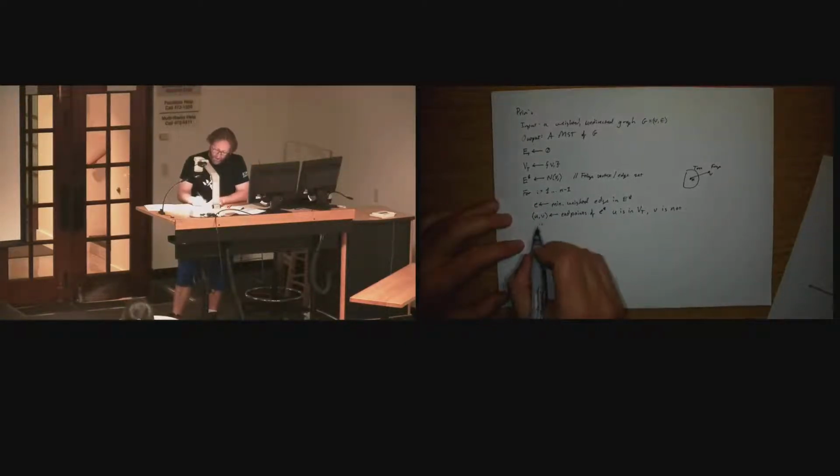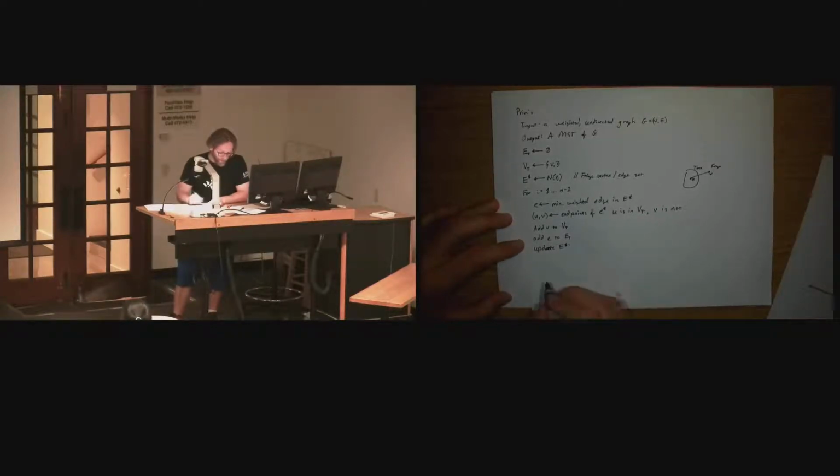We're going to add V to the vertex set for the tree, right? We're going to add E to E sub t. This is the edge set for your tree, right? And then we're going to update E star.